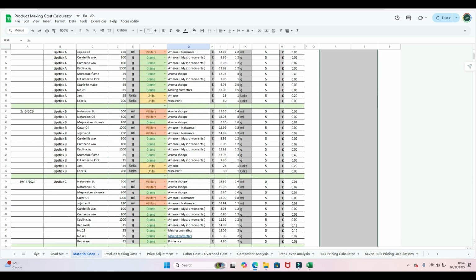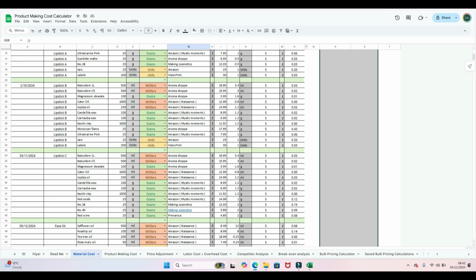Right, so for example, I'm going to start with lipstick B. So lipstick B, as you can see, I've added lipstick B on all the rows that is going to involve this product only.